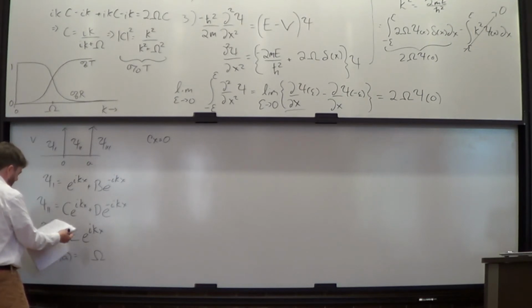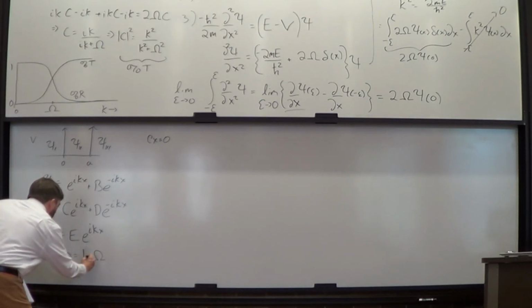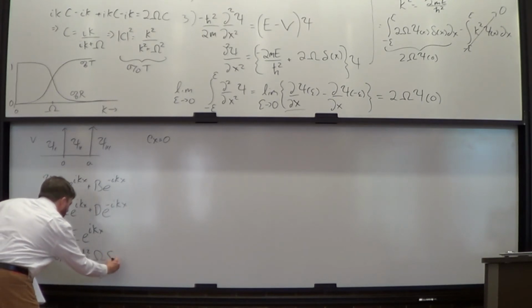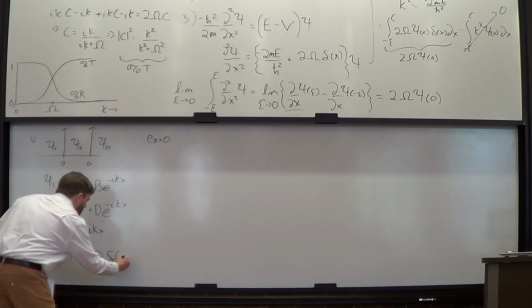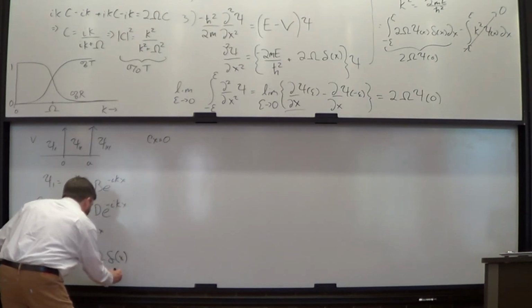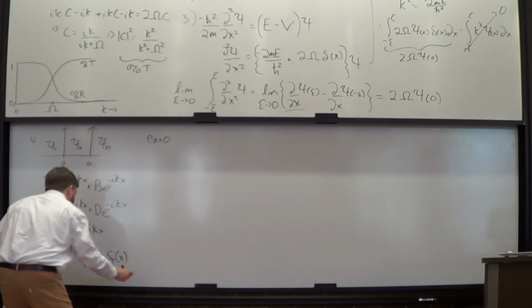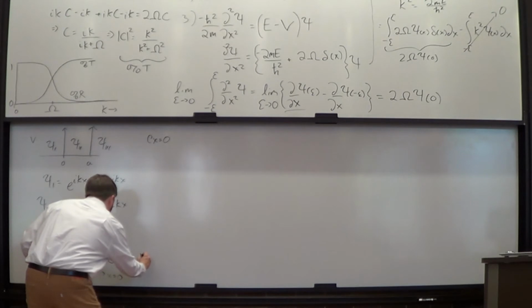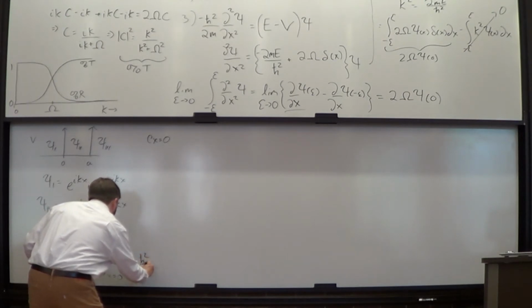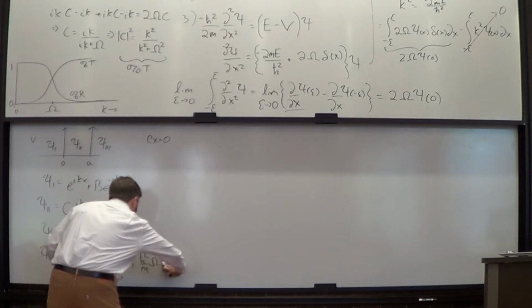Wait, h bar squared over m gamma, delta of x, and that's at x equals 0. And it's also h bar squared over m gamma at delta function of x minus a.